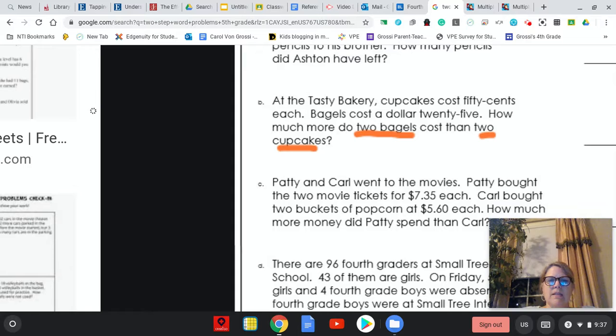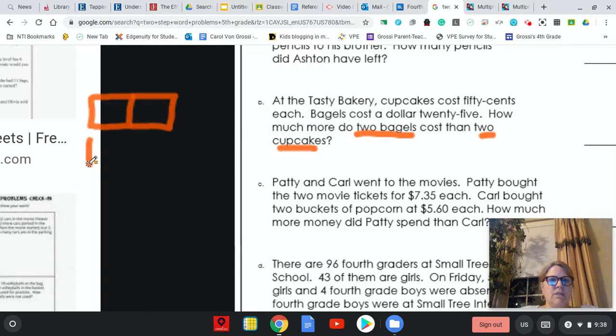It says we're going to have 2 bagels, so I'm going to draw this bar model with 2 boxes. Each box represents a bagel. Now, if it helps you to draw bagels in the corner, that's fine with me, but each of these boxes represents a bagel. How much more do 2 bagels cost than 2 cupcakes?